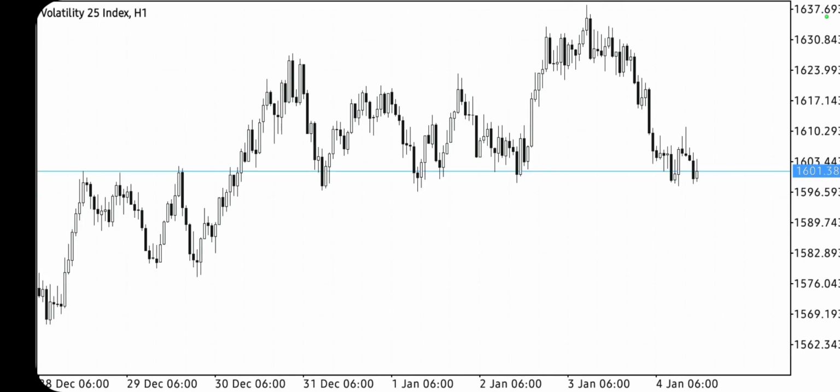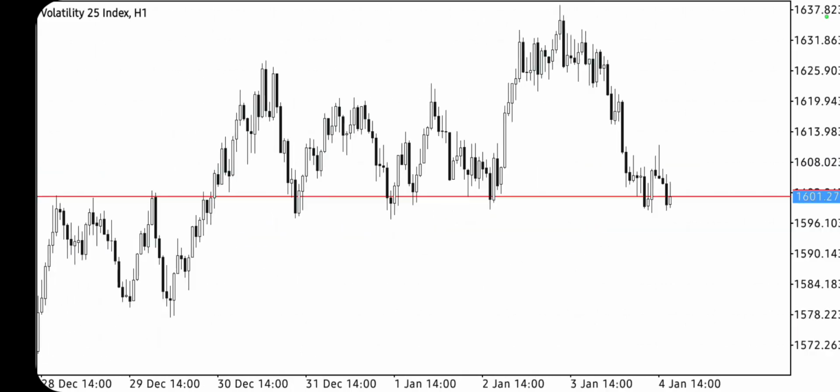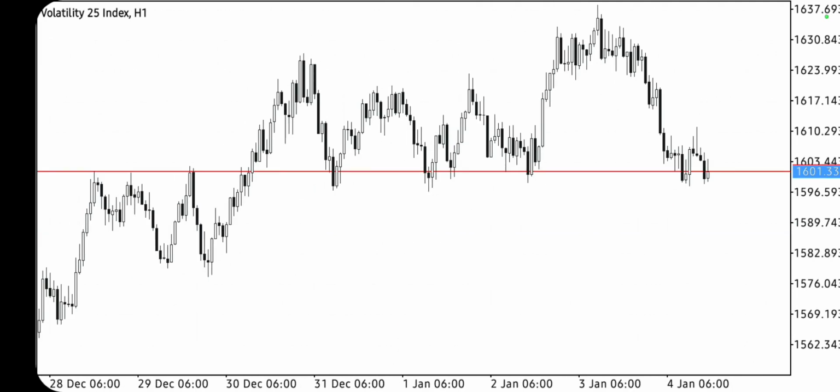In this video, I want to explain the characteristics of major liquidity. In my last video, I explained the types of liquidity in detail, and that was where I mentioned major liquidity as one of the types of liquidity. But you can't just mark a high or a low and count it as your major liquidity.